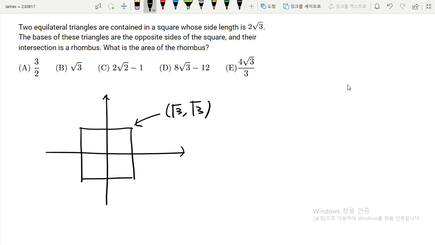And we are making an equilateral triangle like this. And inside, a rhombus is made. So we want to find the area of this rhombus.